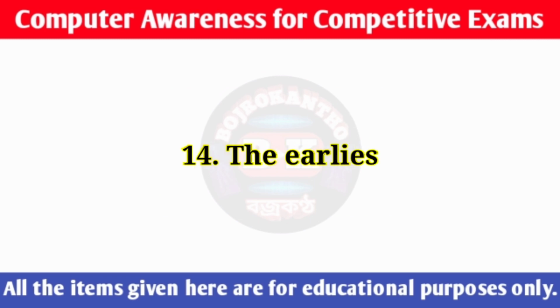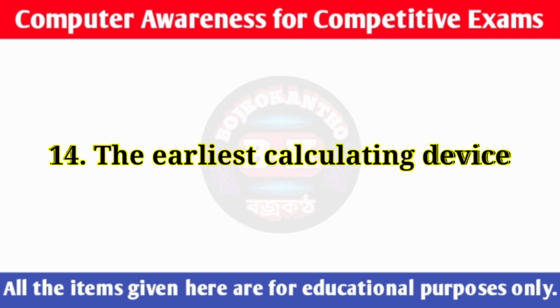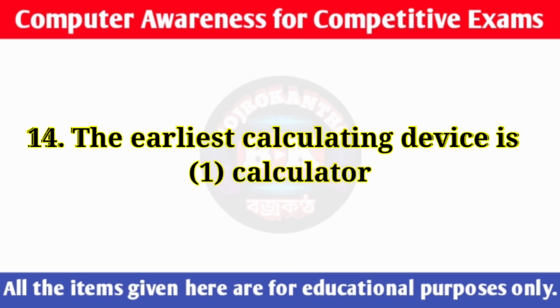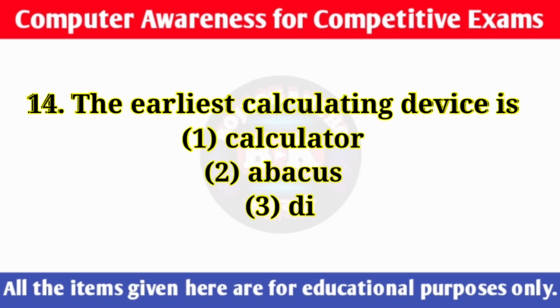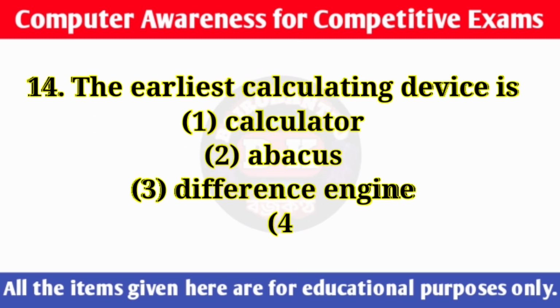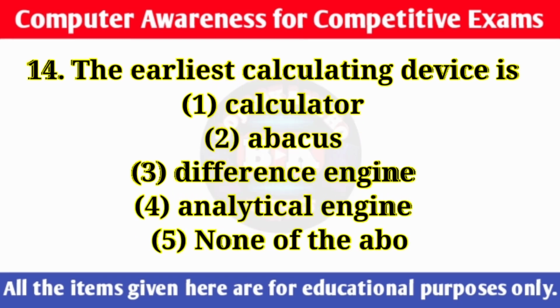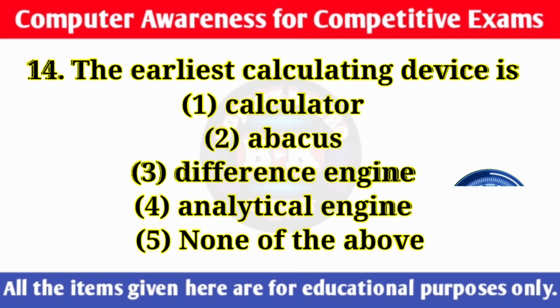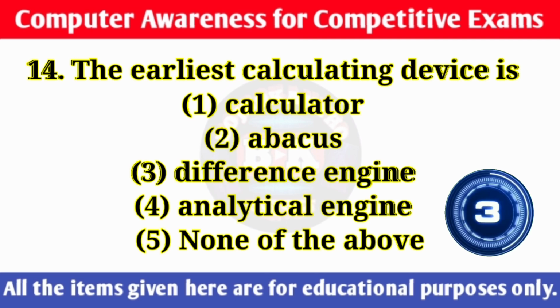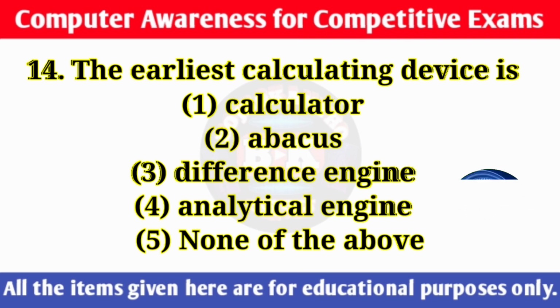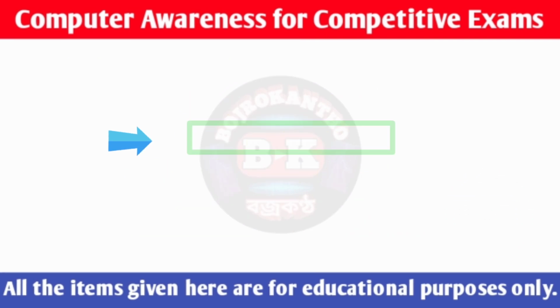Question number 14. The earliest calculating device is option number 1 calculator, 2 abacus, 3 difference engine, 4 analytical engine, 5 none of the above. The correct answer is option number 2 abacus.